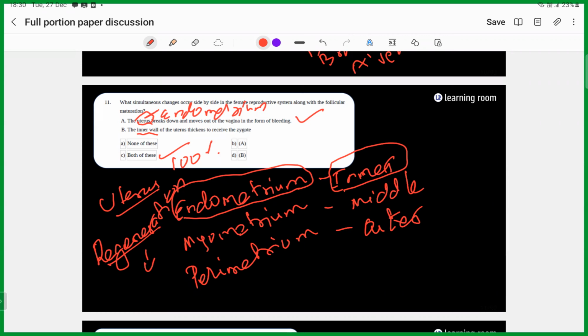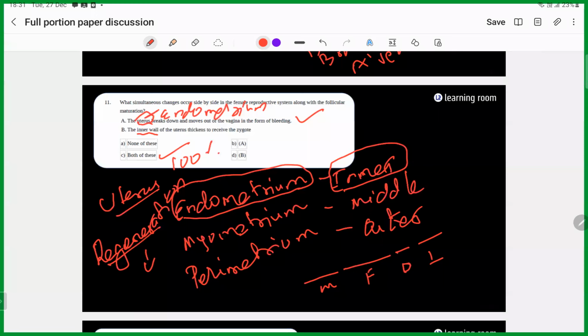See, follicular maturation has already started. You connect this with the menstrual cycle. Menstrual cycle, what is the first phase? That bleeding phase, the menstrual phase, and then the follicular phase, and then the ovulatory phase, and then the luteal phase.